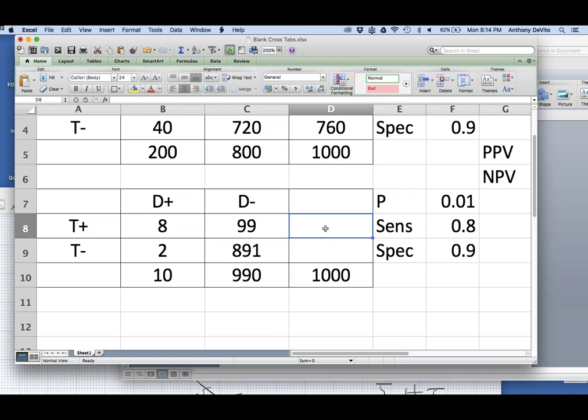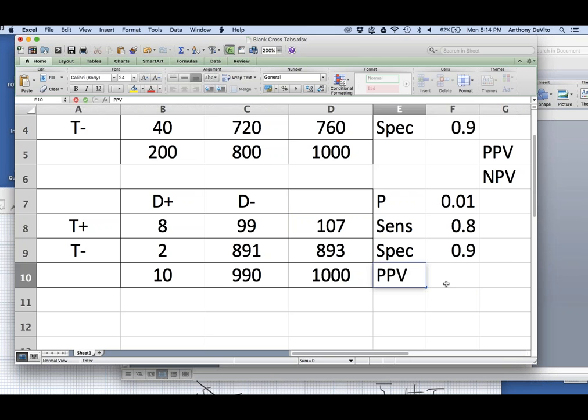So how many people were positive? 107. How many people were negative? 893. Now let's calculate our positive predictive value. How many people tested positive? 107 people tested positive.